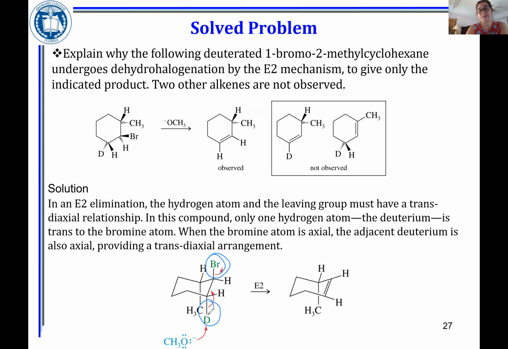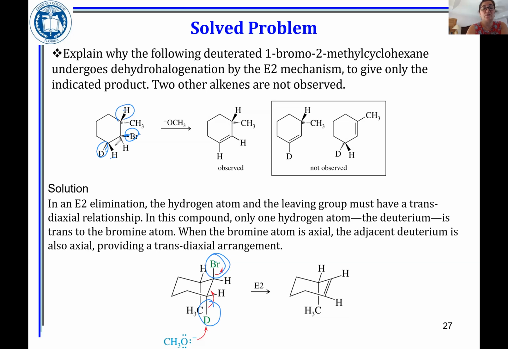So the base is removing the hydrogen from the opposite side of the bromine. When they want to prove the mechanism of the reaction, that's what is observed. If the bromine is going from the up position, because the solid triangle shows it coming toward you, and this one shows it going away from you, these two would be removed rather than the bromine and this hydrogen or this hydrogen.